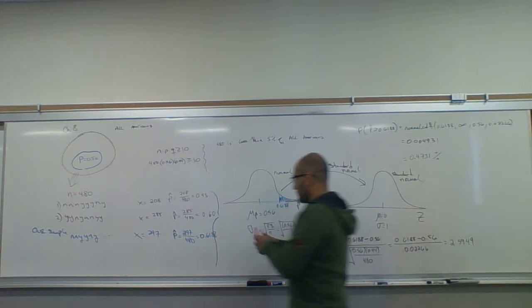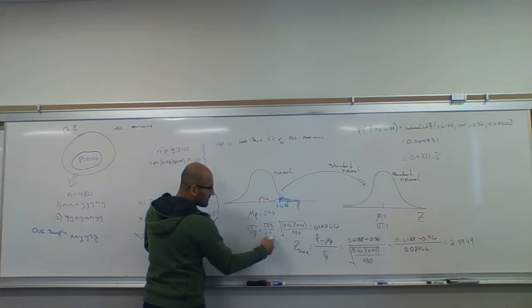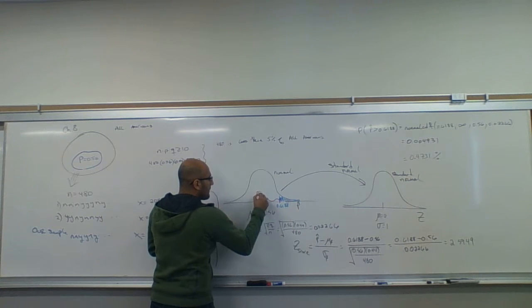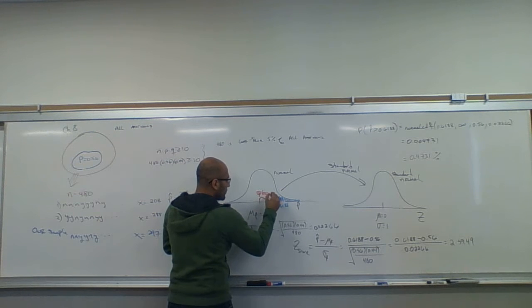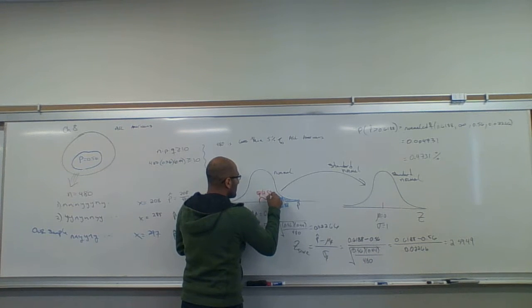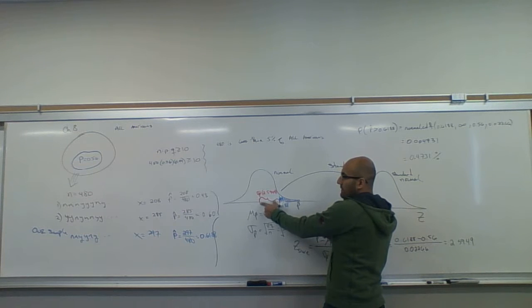Got it? So here we're saying that if I multiply this value of sigma p hat times 2.5949, I will get to that number. That distance right there is that.